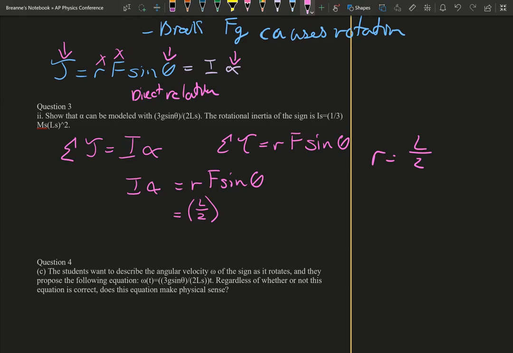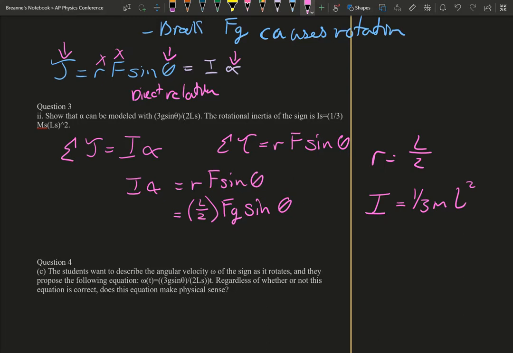We know that the force is our force of gravity and sine theta. Now, our I. You would have to be given this information. This is not something you'd have to memorize. But for a long beam, your I ends up being that equation.